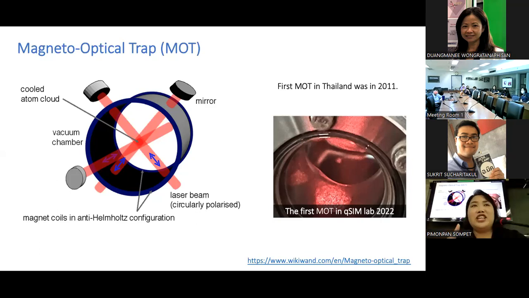But it was very challenging, very hard. I needed to do everything by myself, all the circuits and small things, and the lasers. At the time, I had never known what an MOT is, how it would look, and what I needed to do.